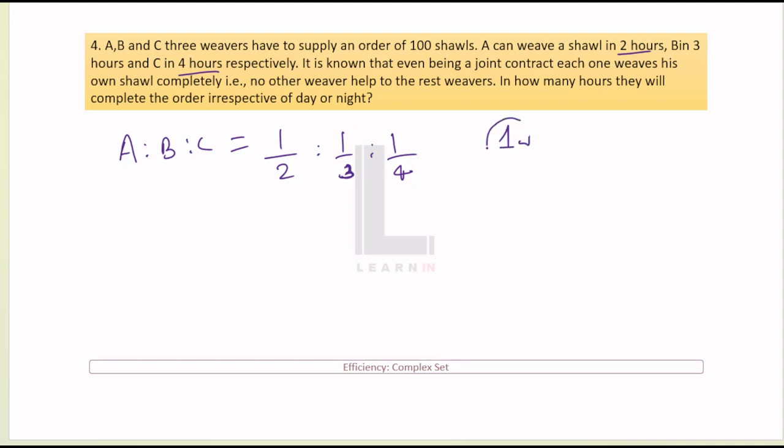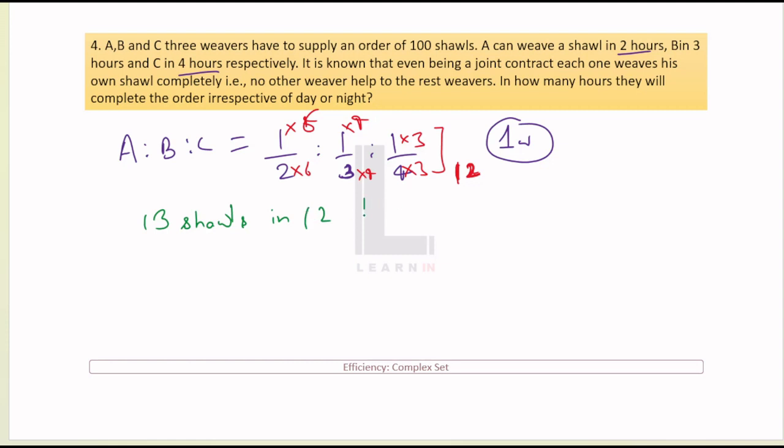Now what can we do with this? We can do only one thing: take the LCM and see how many shawls they are making in 12 hours, because this would simplify the question. So let us make all of them 12. We have to multiply these numbers with 1 also, and we would have got 13 shawls in 12 hours.